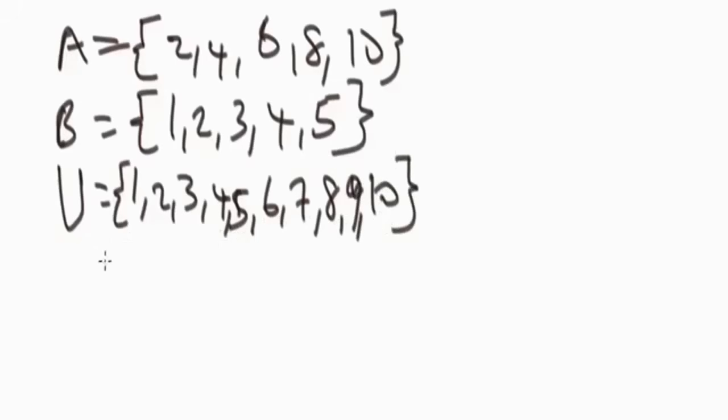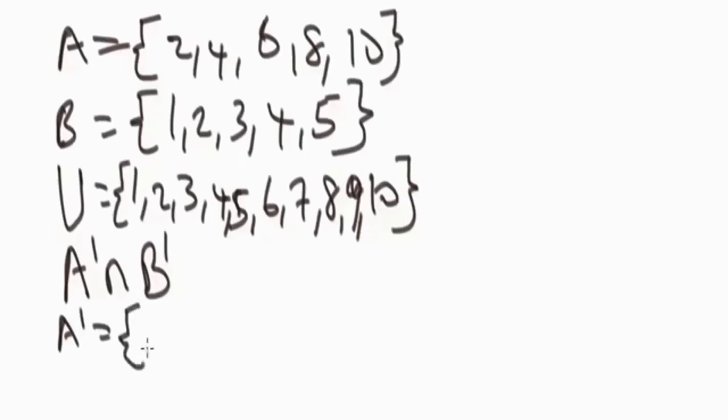We are asked to find A complement intersect B complement. So quickly, our A complement will be the values in the universal set that are not in set A, so we have 1, 3, 5, 7, and 9.